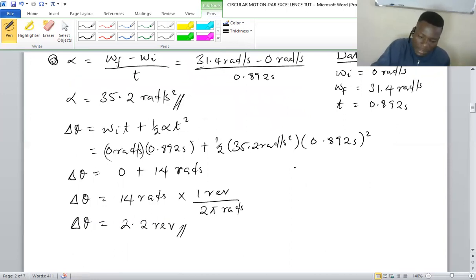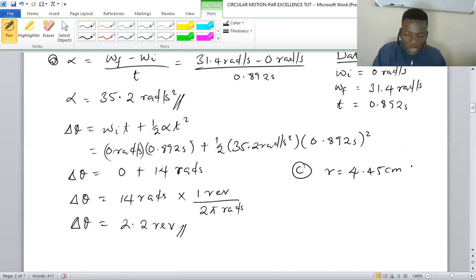So we have been given the radius to be 4.45 centimeter. You always convert the units to standard units. So this has to be in meters, so it's going to be 4.45 by 10 to the power negative 2 meters.